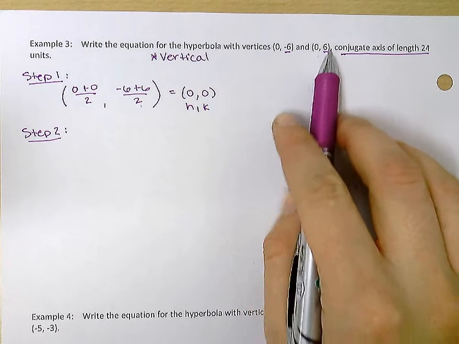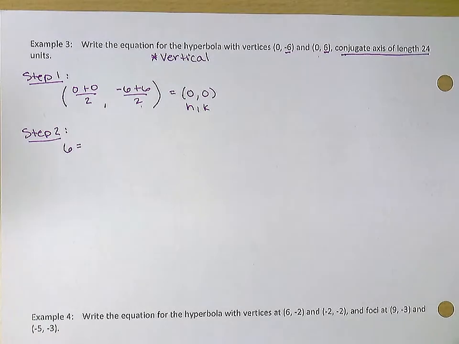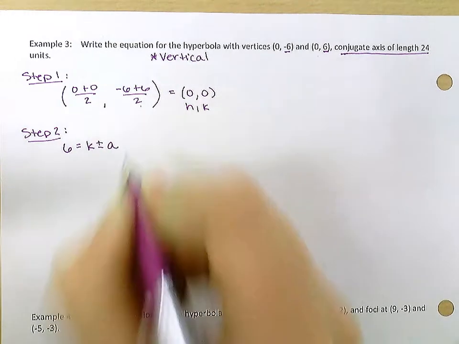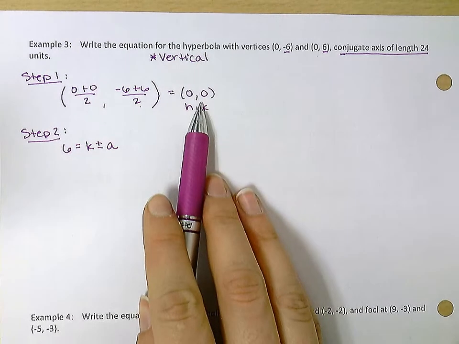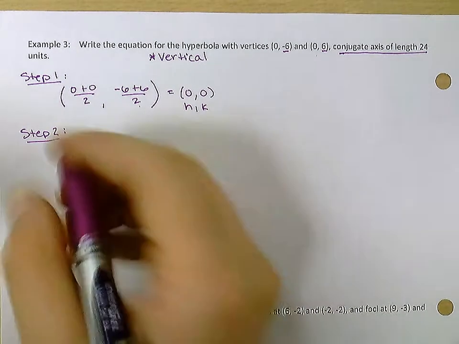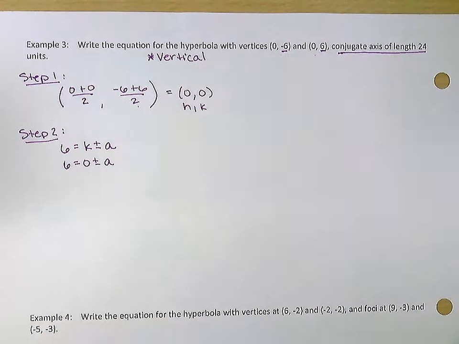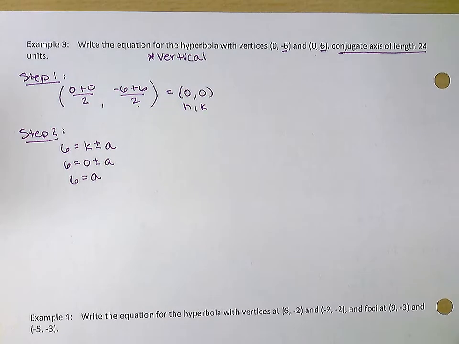Okay, so our y value of 6 has to be equal to the equation for that y value for the vertices in a vertical hyperbola, and that is k plus or minus a. And we know what k is. k is 0, so we plug 0 in for k. So our a value will end up just being 6.